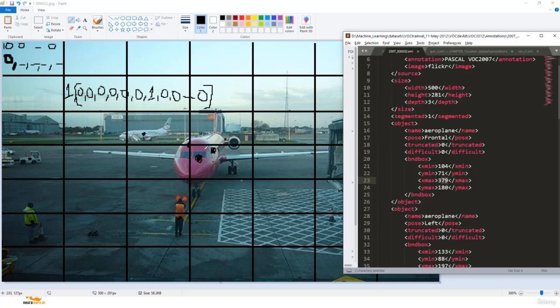Now once we have this, the way we're going to represent it in our output label is going to be such that this is with respect to this origin right here, the origin of its own grid cell. And note that the distance from this point to this point, or just the height or the width of a grid cell, is considered to be 1. So from here to here is 1, from here to here is 1.